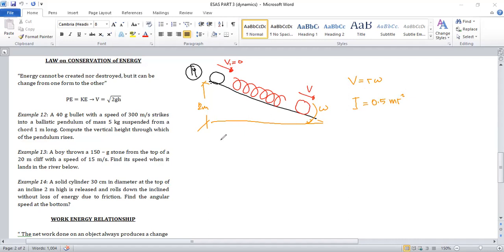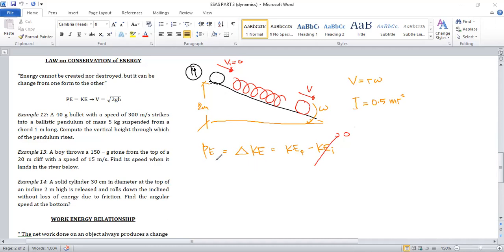So we begin our analysis, so the potential energy possessed by the cylinder at the top is equal to the change in kinetic energy of the cylinder, which is equivalent to KE final minus KE initial, which happens to be 0, because initially the cylinder is at rest.